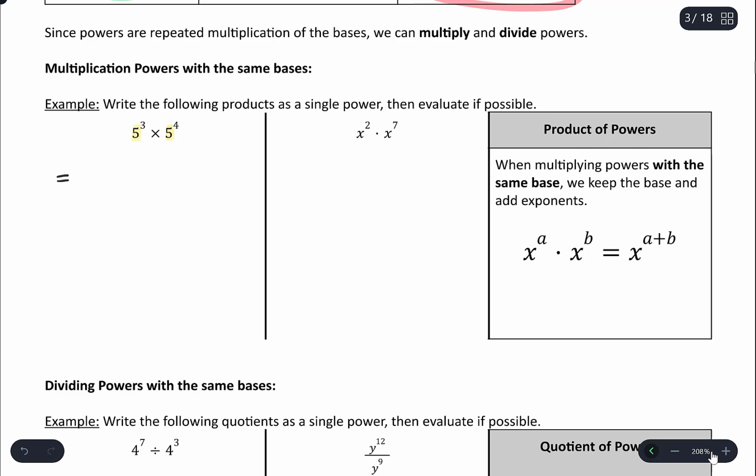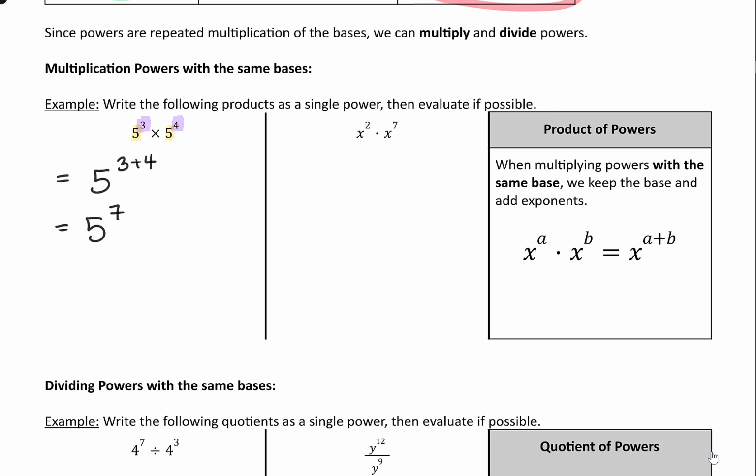So if I follow that rule, keep the base the same, but add the exponents. My exponent on the first one was 3. My exponent on the second one was 4. So I can just write 3 plus 4, or just simply say 5 to the exponent 7.